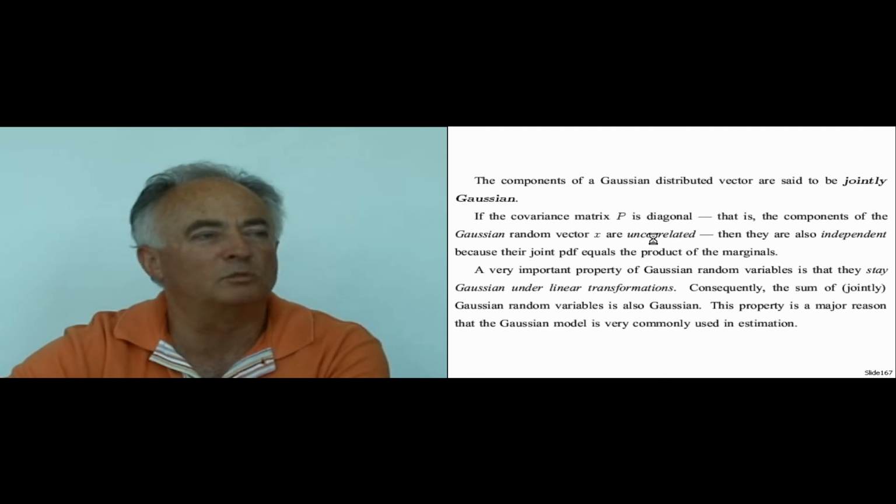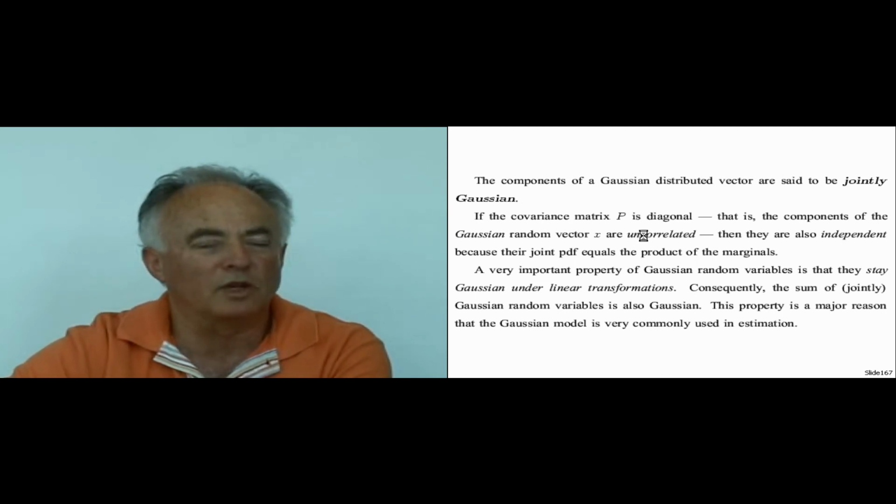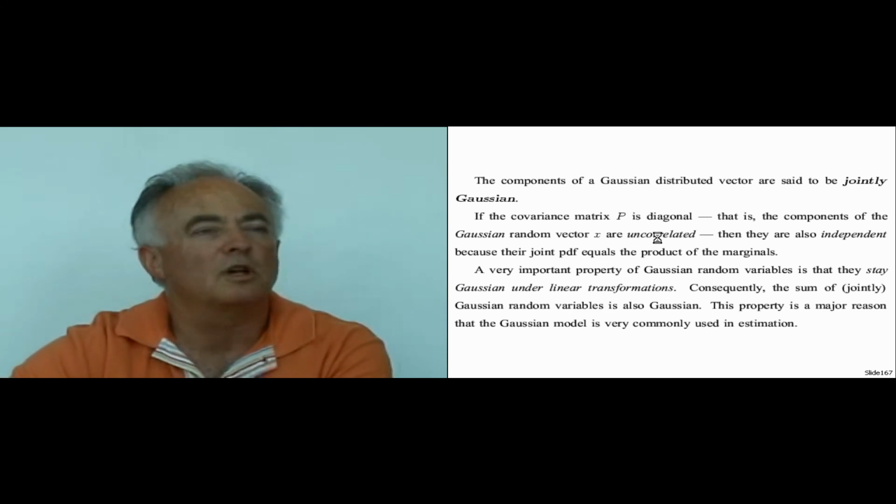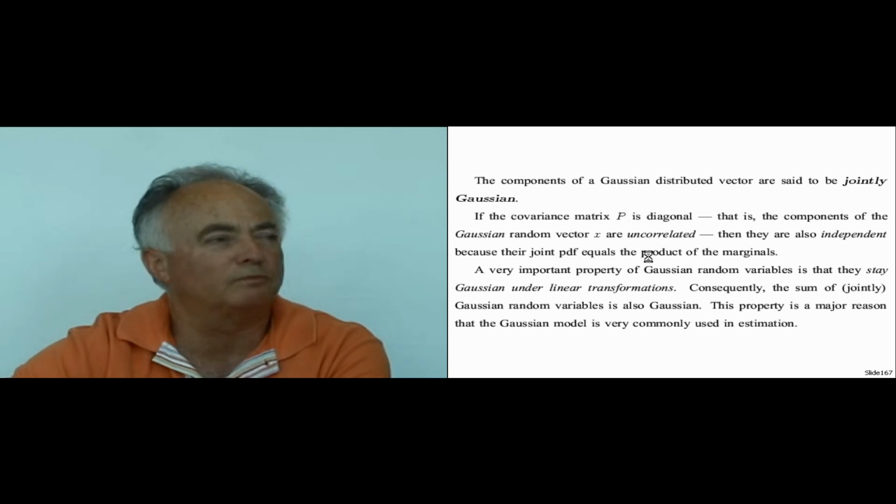That quadratic form in the exponent of the Gaussian density for that random vector becomes the sum of, from the quadratic form you end up only with the diagonal terms contributing, therefore you end up with the sum of the xi square over 2 sigma i square, and the exponential of that sum is the product of the exponentials, so immediately the joint density breaks down into the product of the marginal densities. So you have the independence property. The joint PDF equals the product of the marginals.